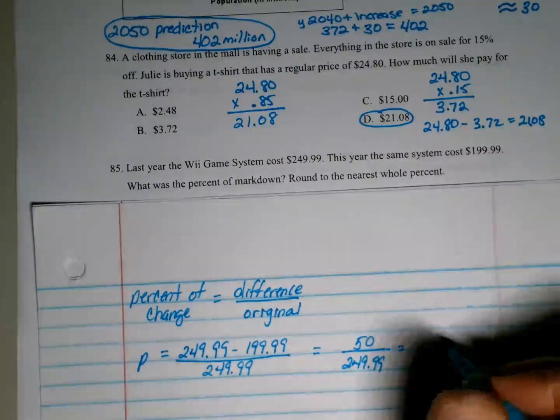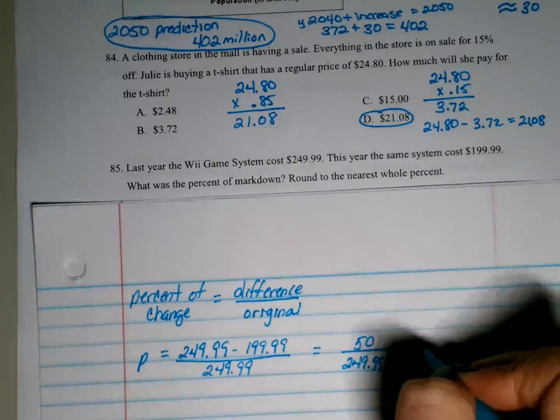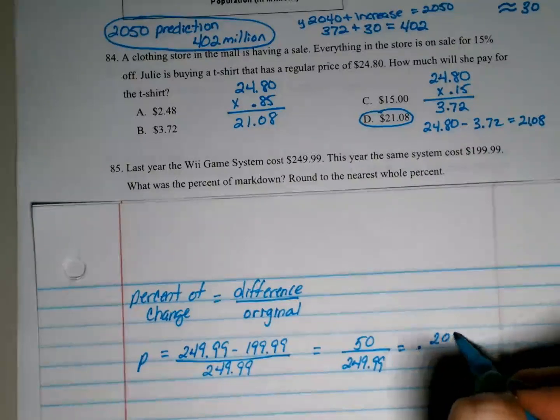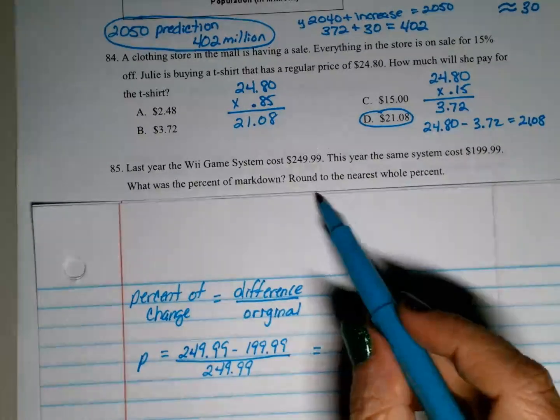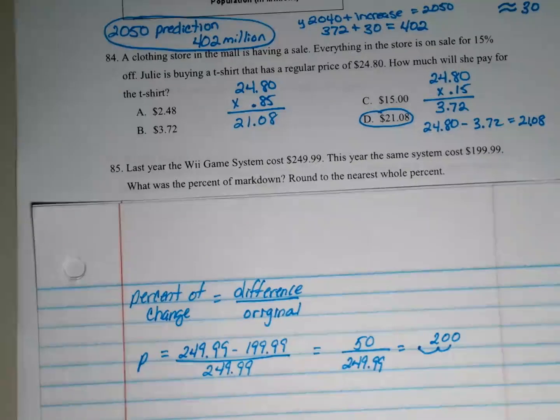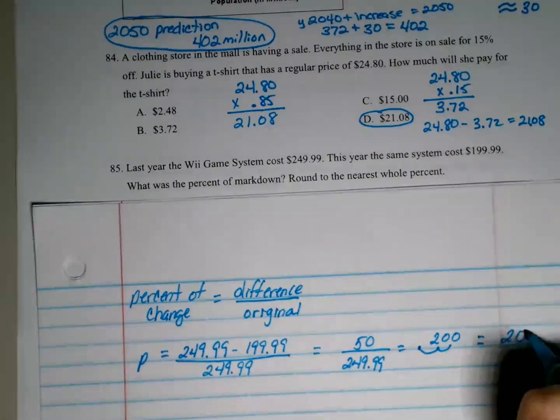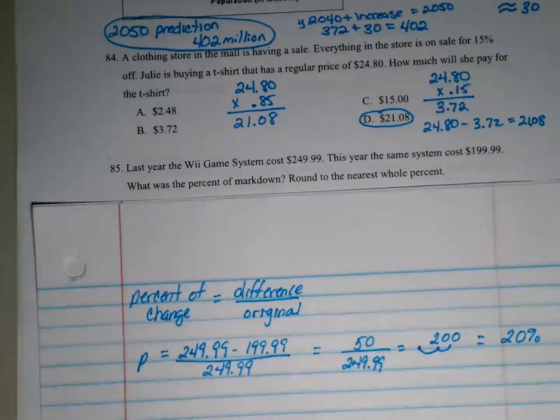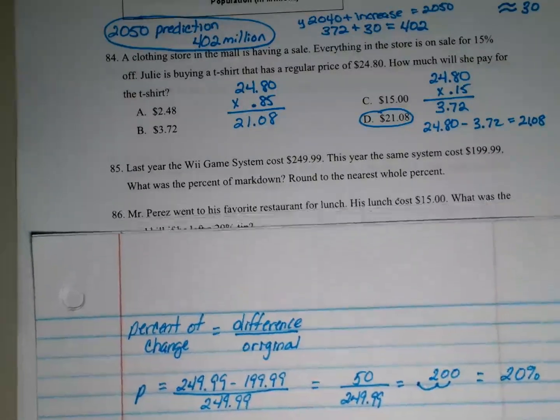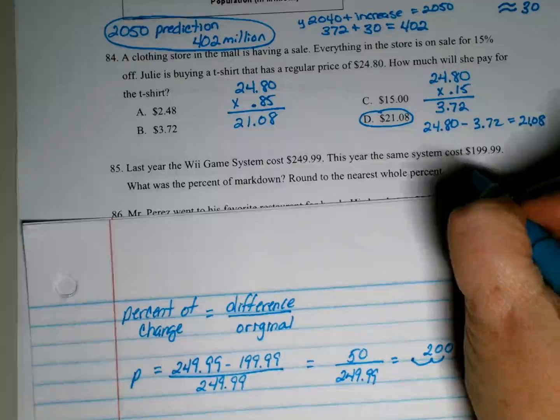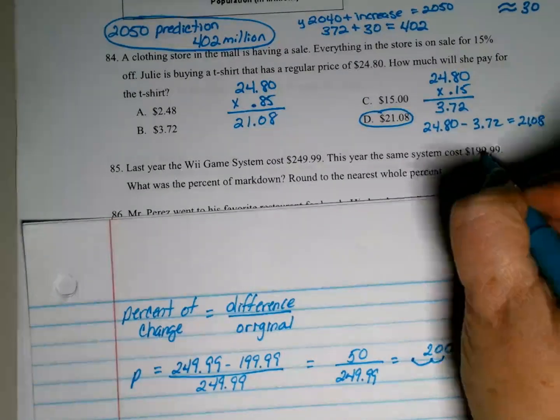So you get 0.200. It says to round to the nearest whole percent. So that's going to be what? 20%. Okay, so my answer for number 85 is 20%.